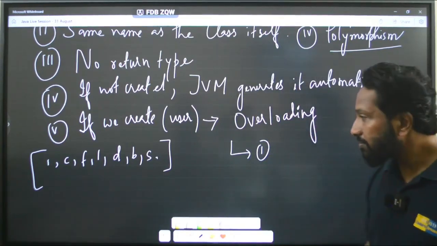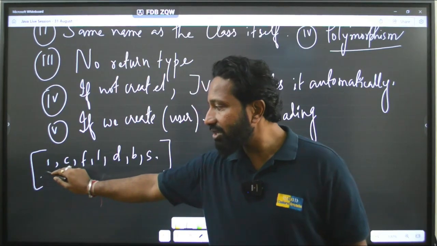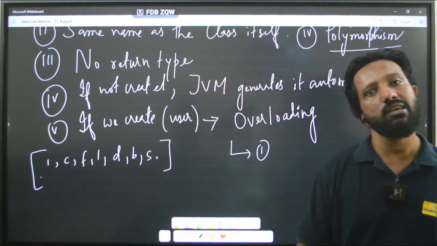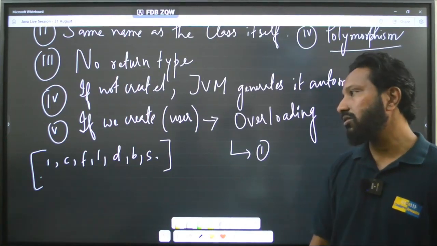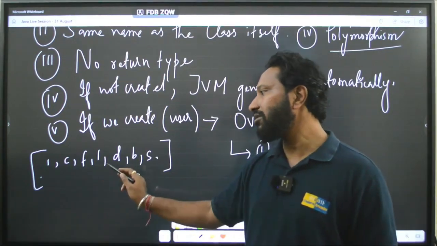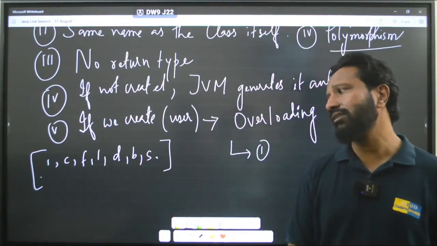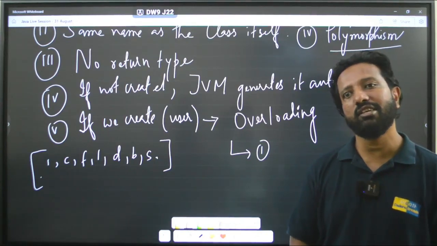Fine. Now you can take out all the 8. Have I missed anything? XYZ or anyone who is listening? 1, 2, 3, 4, 5, 6, 7. I have missed one. Which one have I missed? Come on, anyone, tell me.